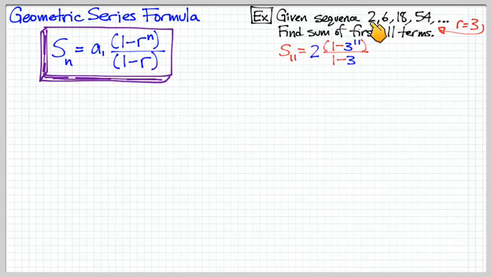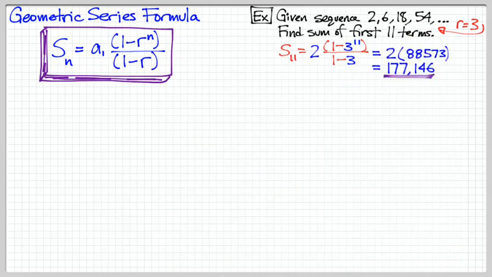It says a_1, the first term here is 2, so we put 2 right there, times 1 minus, and then we look at our formula. 3 is our common ratio. 3 raised to the power of n, where n in this case is 11, so 3 to the 11th power, divided by, we look at our formula again, 1 minus r. Again, r is 3, so we get 1 minus 3.